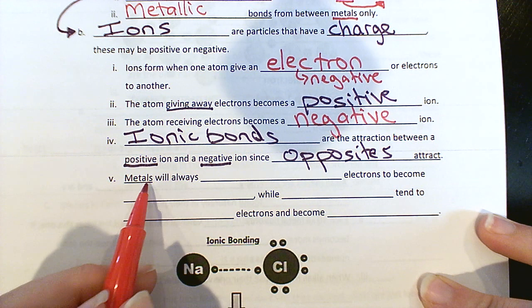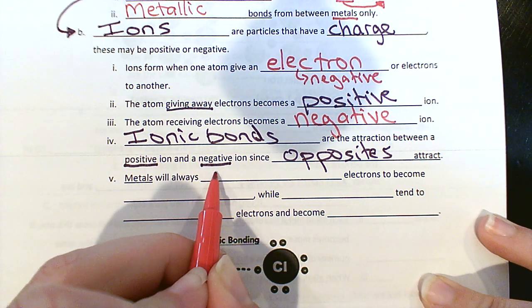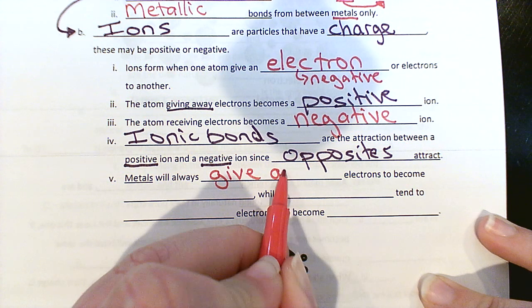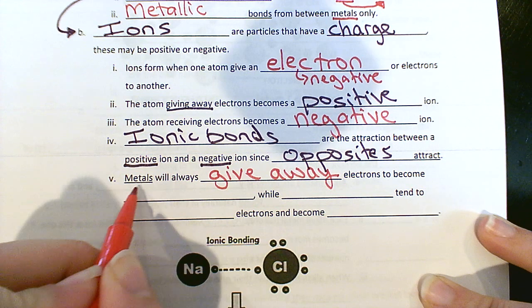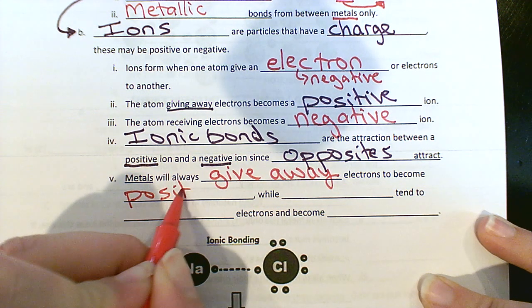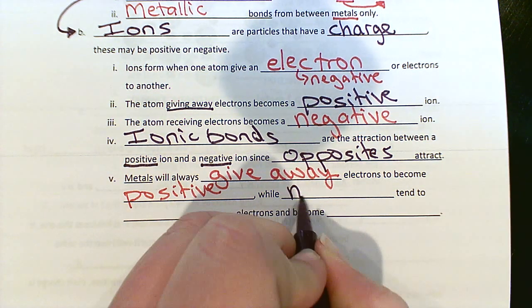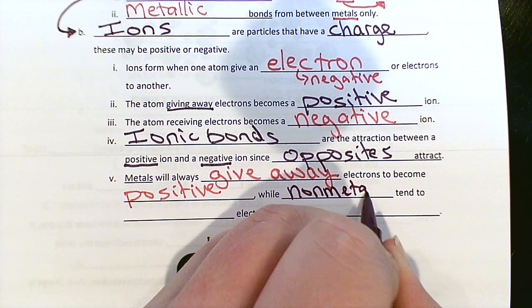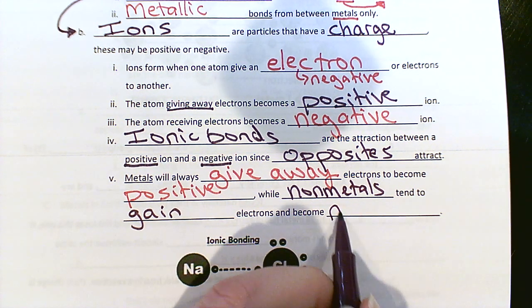Metals, remember we're under the heading of metals on this page, will always give away electrons when they are forming an ionic bond. So they will always become positive, while their bonding partner, nonmetals, tend to gain electrons and become negative.